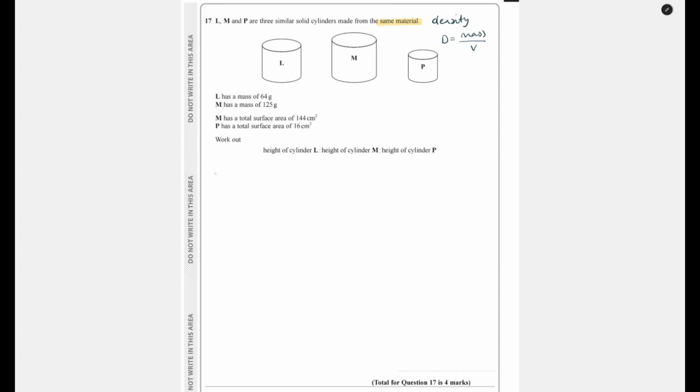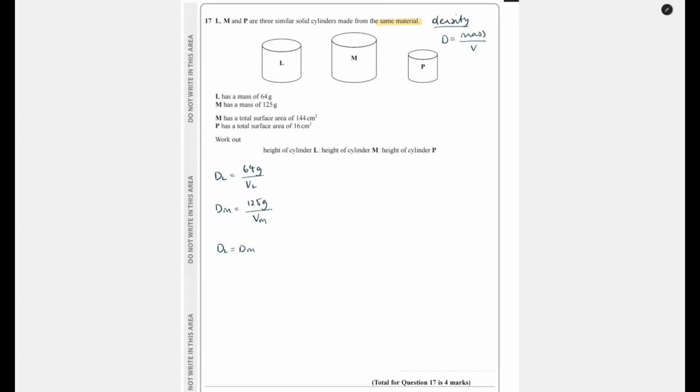The density of L is equal to 64 grams, which is the mass, over its volume. We'll call it the volume of L. And the density of M is equal to the mass, 125 grams, over the volume of M. Now, as they have the same density, dL and dM are equal to each other.